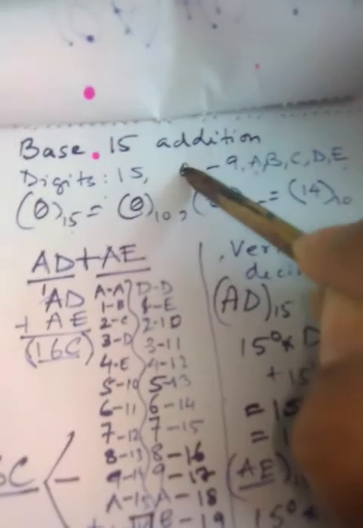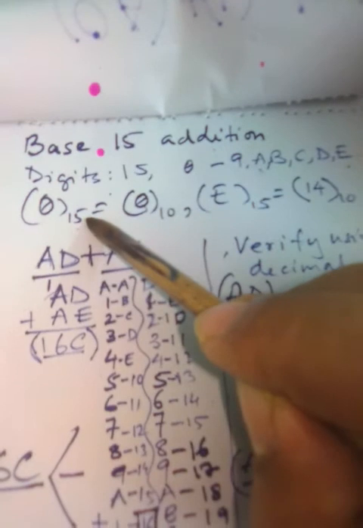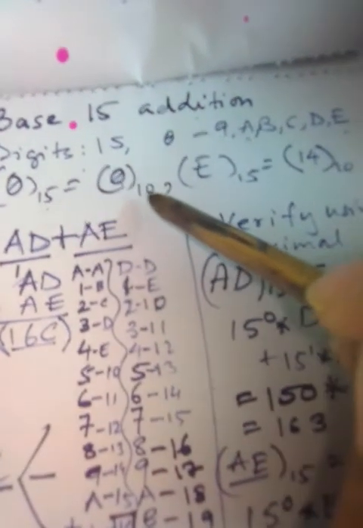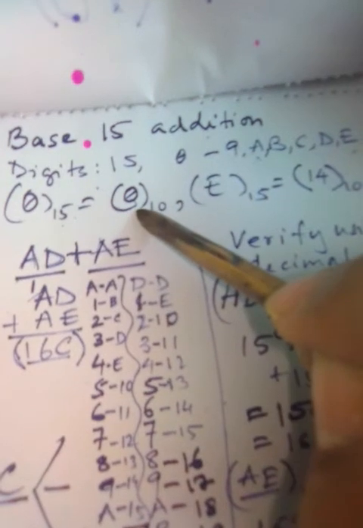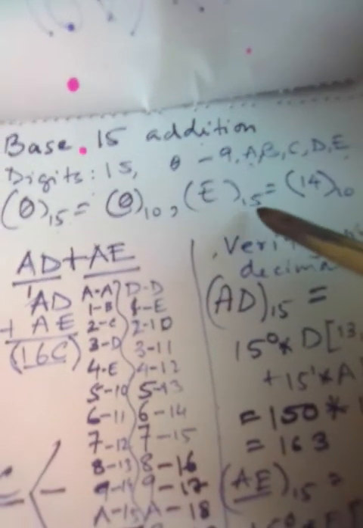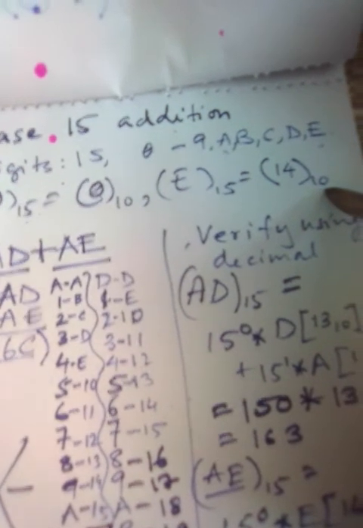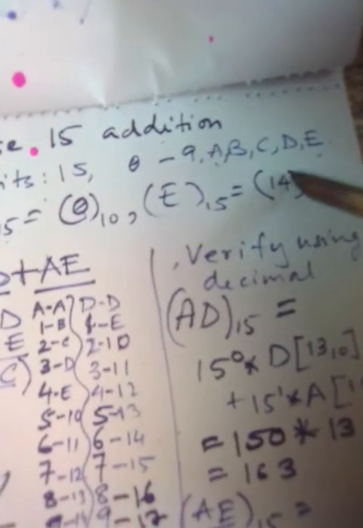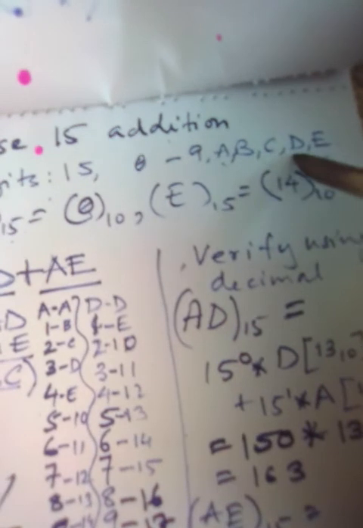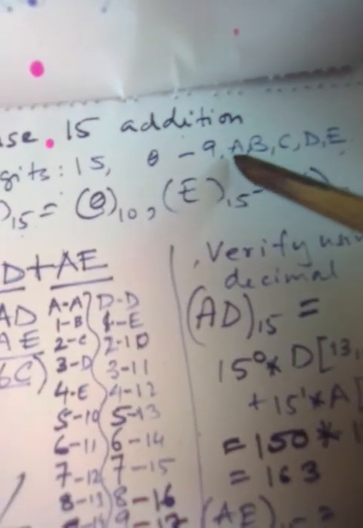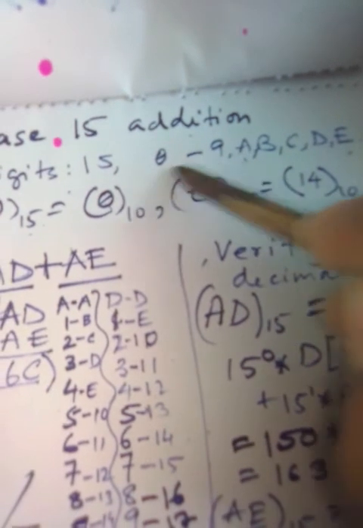So A in base 15 is 10 in decimal, and E in base 15 is 14 in decimal. Continuing like this, E is 14, then D is 13, C is 12, B is 11, A is 10, then 9, 8, 7, etc.